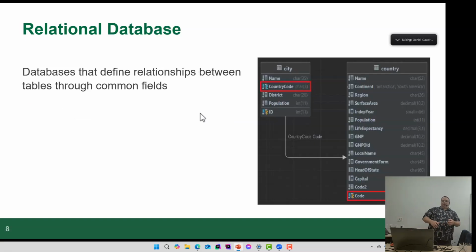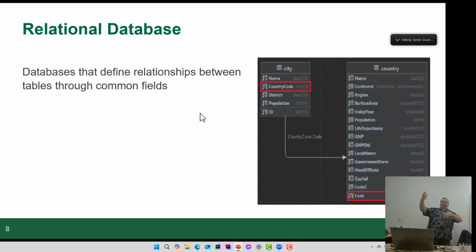So relational databases, again, in the end, the final definition of a relational database is a database product that defines the relationships between tables, through common fields. Often when you do a relationship between two tables, there'll be a point of commonality.